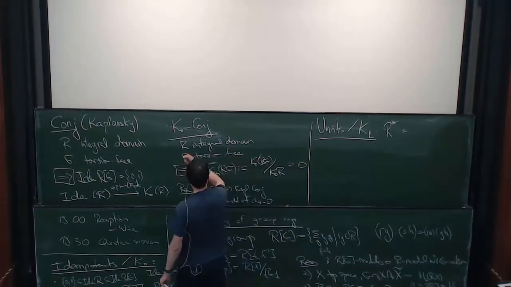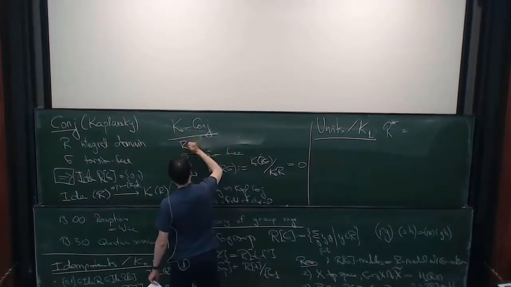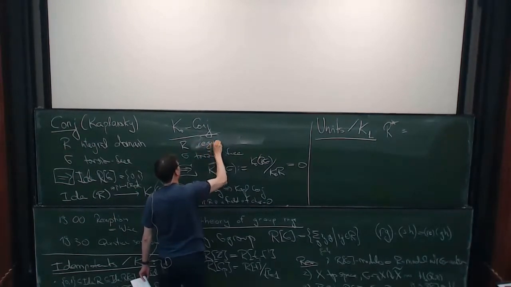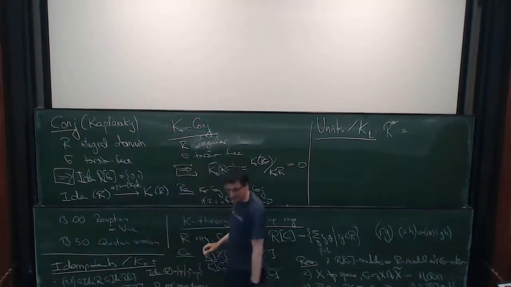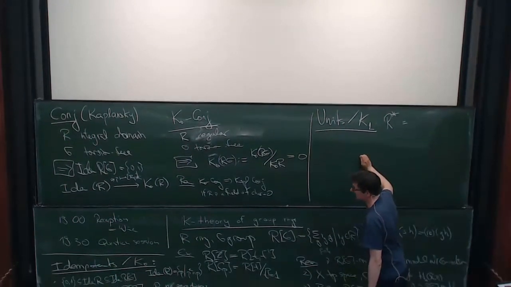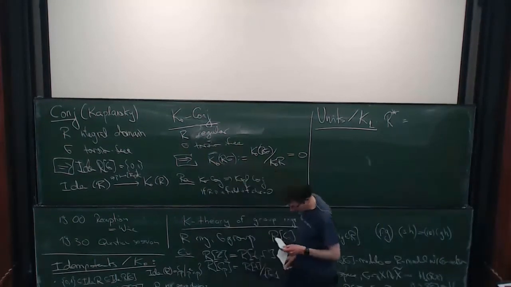It's not quite the same assumption. We need stronger assumptions, so we need R to be regular, yes. Same assumption on the group, but for the ring we need better assumptions.